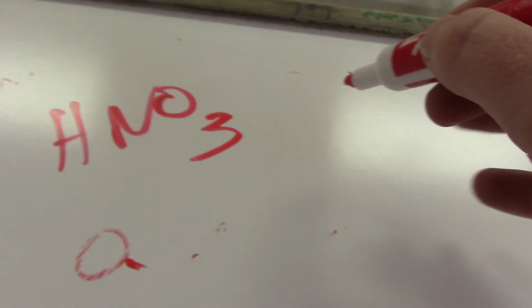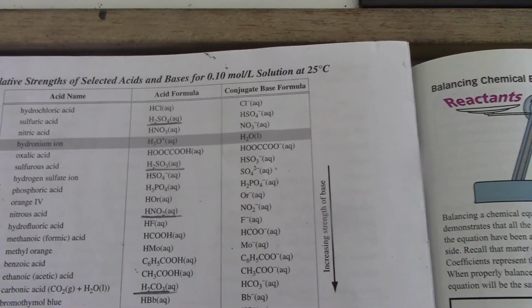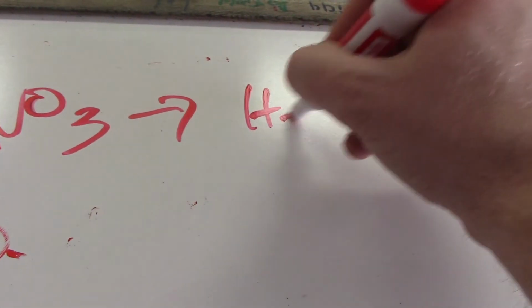So let me give you some, let's do these ones here. Let's do HNO3. When it dissolves in water, HNO3 is one of those big 6 acids. It's above H3O plus on my acid-base chart, so it's a strong acid and it makes H3O plus.